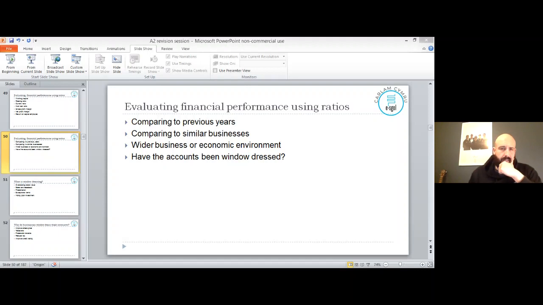Then we're going to touch upon different types of integration. So we're talking internal and external, so mergers, takeovers, acquisitions, and the difference between backward, vertical and horizontal integration as well.